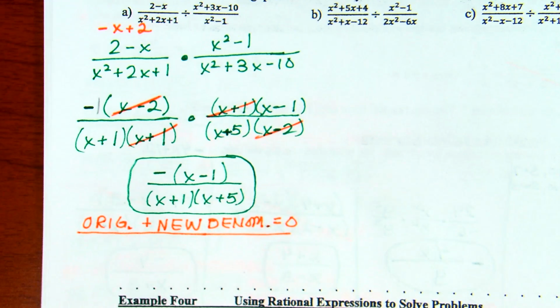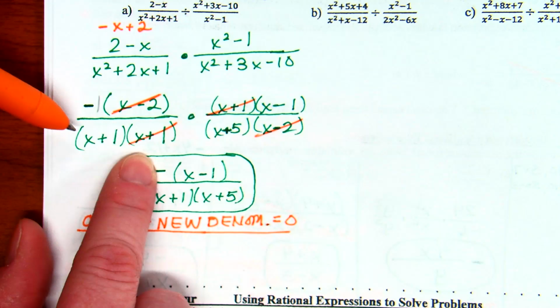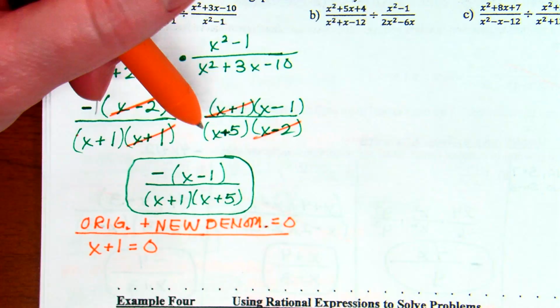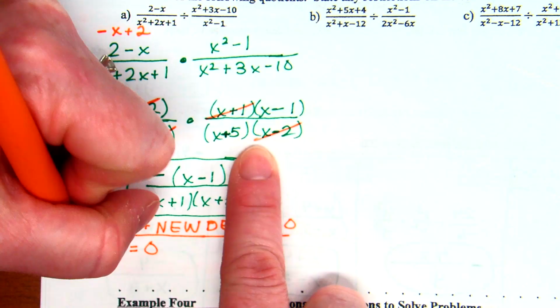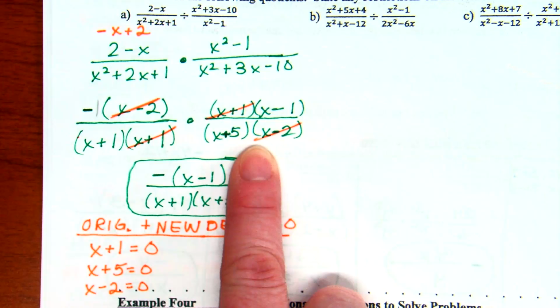So in my first fraction, it was always x squared plus 2x plus 1, yes? So that means it was x plus 1 and x plus 1, which means I only need to set x plus 1 equal to 0. In my next fraction, I had x plus 5 and x minus 2 that I have to set equal to 0, correct?